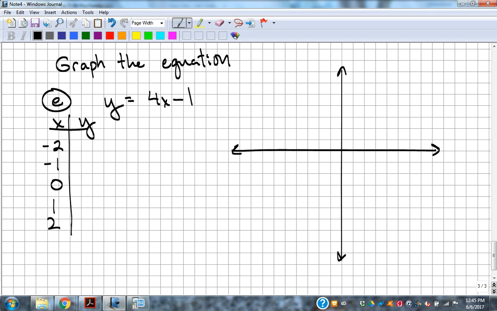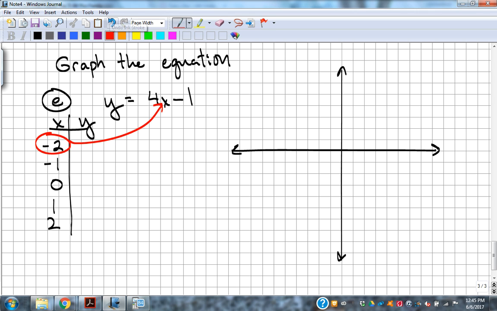So if I've got x values, how can I get the y values that go with them? Well, I could take this -2 and put it in the place of x in the problem, and then I've got a number that's going to work out, right? So it'd be 4 times -2 and then -1, and that would give me a number for y.